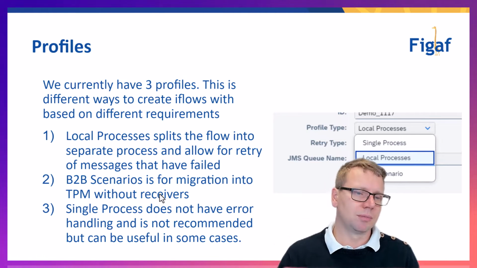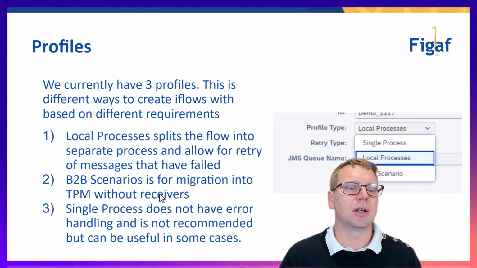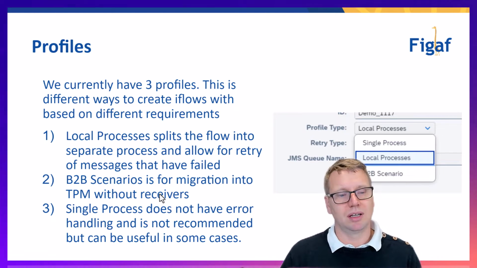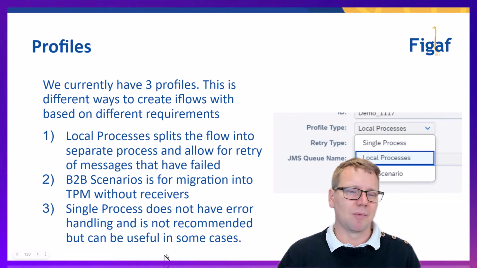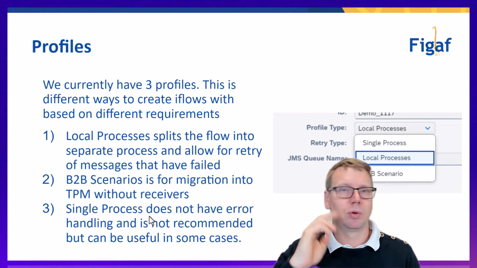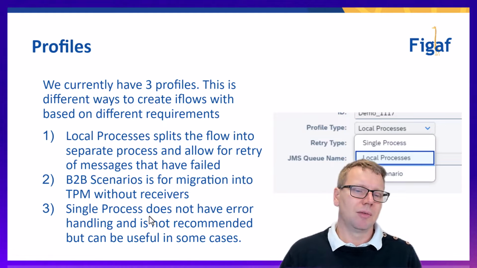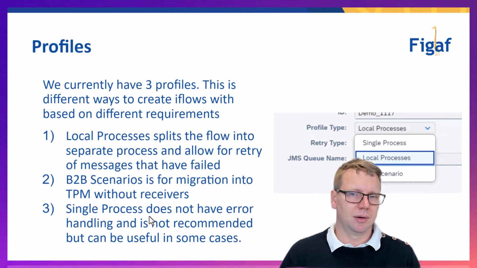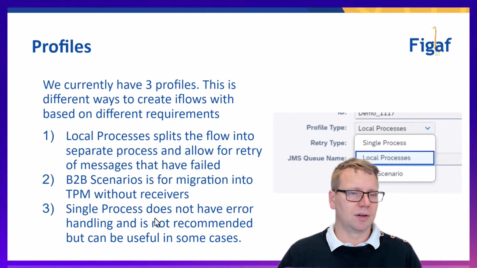We will create some more content about migration and the B2B setup, because there's a lot of different things to work on in those scenarios. And then we have one that's a single process. This was the original one we created. We don't really recommend it, but it is there, and you can use it if you still need that.